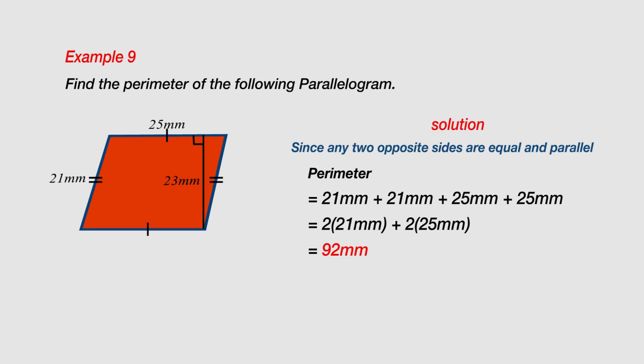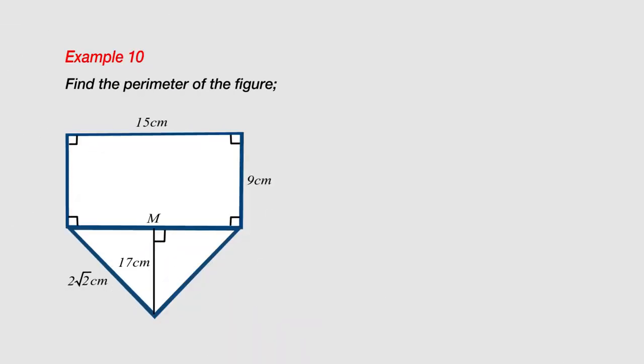Now we want to look at example 10. It says, find the perimeter of the figure shown. I'm sure you can see the figure. Now, this diagram is a composite figure. In other words, two plane figures have been put together or drawn together.